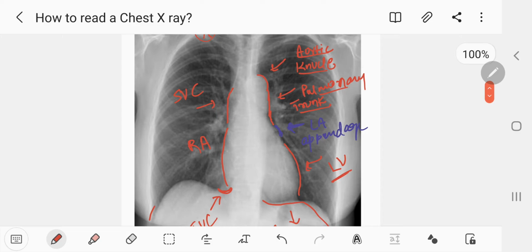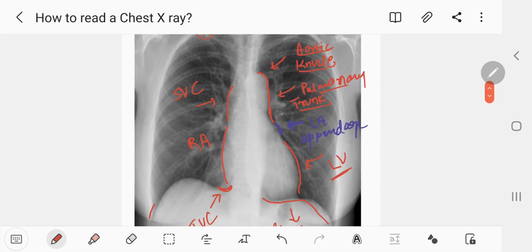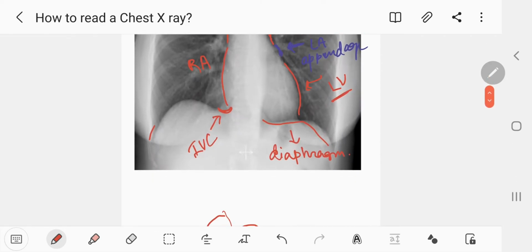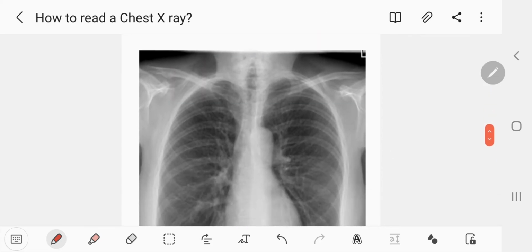So these are the normal markings of a chest X-ray. If there is something abnormal and you don't see, perhaps, an aortic knuckle as sharply as this, you must think of an etiology, a cause, a pathology for it. Now let's move forward with some of the other things present in an X-ray.